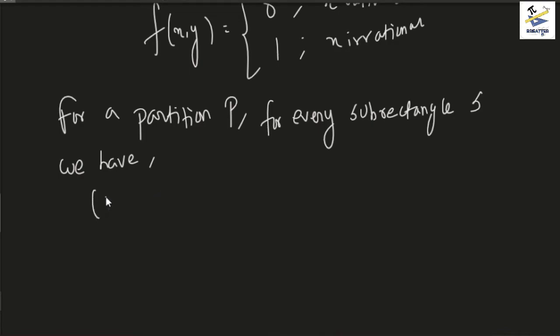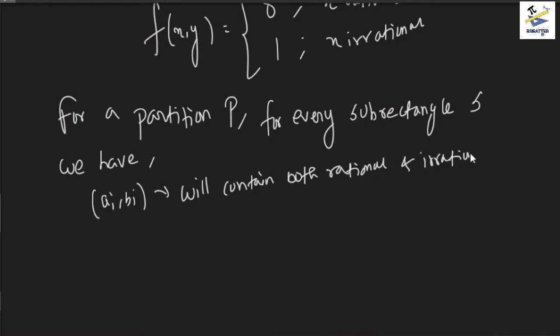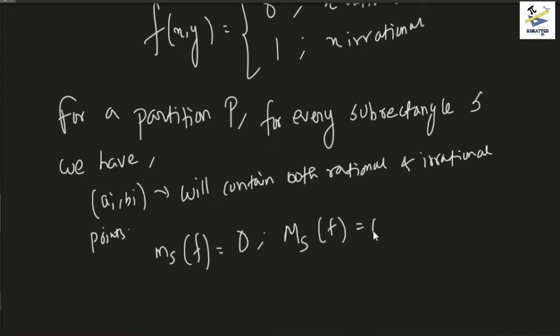the partition, let's say [ai, bi], will contain both rational and irrational points, right? So what we do understand is that small m_S of f will always be 0 while capital M_S of f will always be 1, because for every partition you make, the maximum you can go is 1 and the minimum you can come is 0.